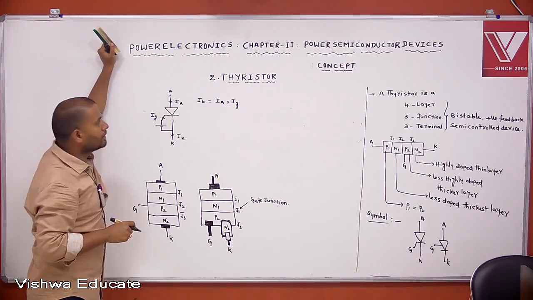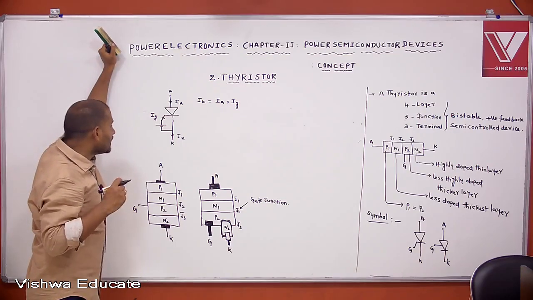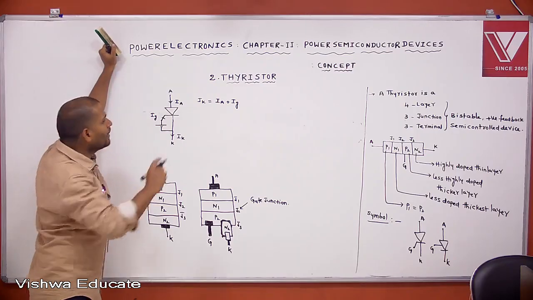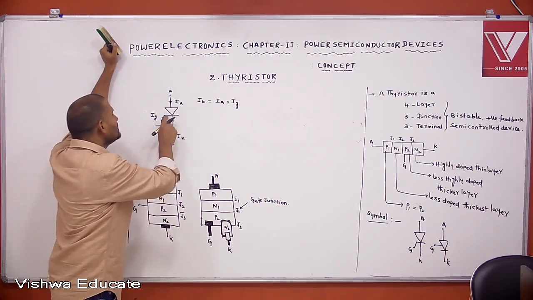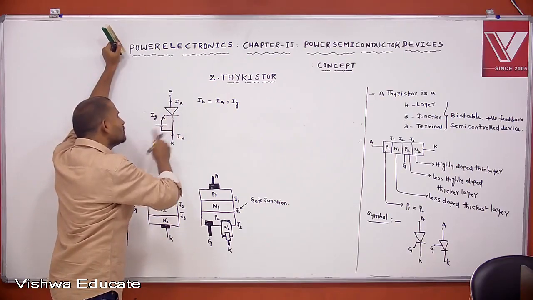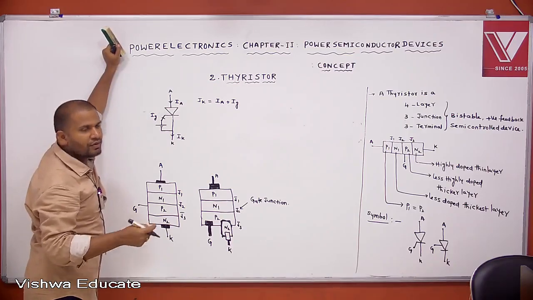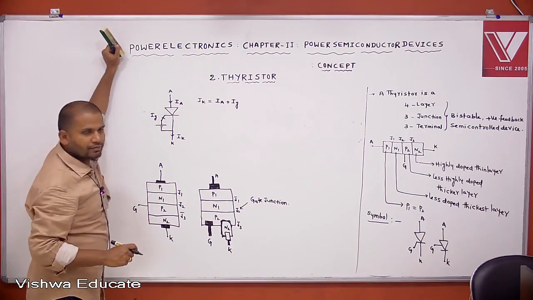Clear? That's why cathode current is the combination of anode and gate current. Later I will give the proof also. Here this is entering current, this is entering current, this is leaving current. Clearly I will explain, proof also I will give, using the two-transistor analysis of thyristor or SCR.